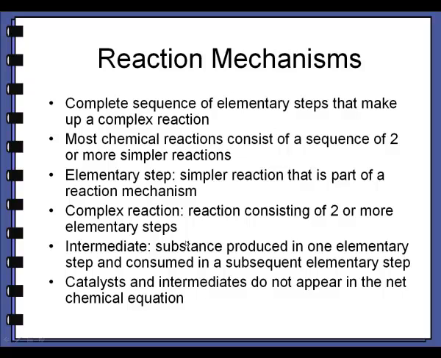Mechanisms are basically a complete sequence of small elementary steps that make up a complex reaction. A lot of reactions that we write in one step don't necessarily take just one step. Most reactions consist of two or more simpler reactions.